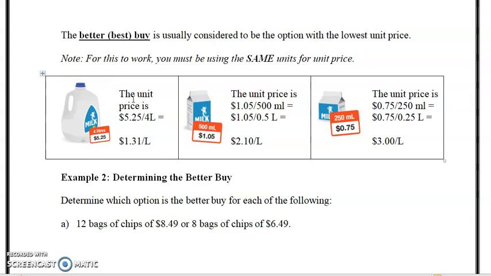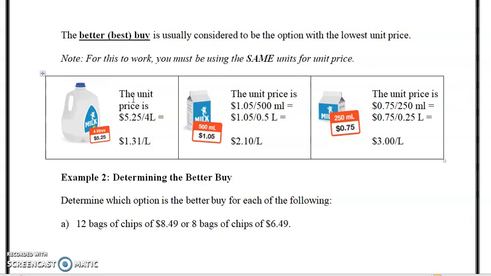We do that by moving the decimal place 3 places to the left, or dividing by 1,000, because there are 1,000 milliliters in 1 liter. Then we divide by 0.5, and we get $2.10 per liter for the smaller milk.